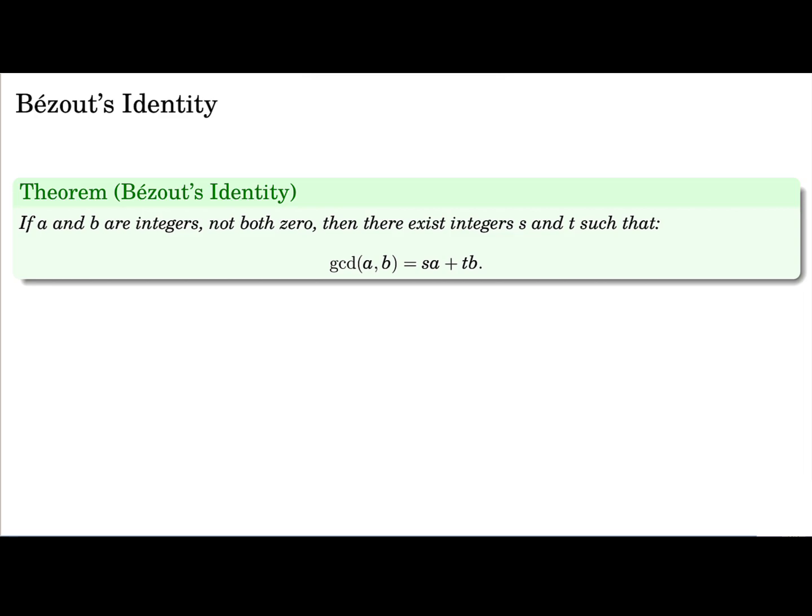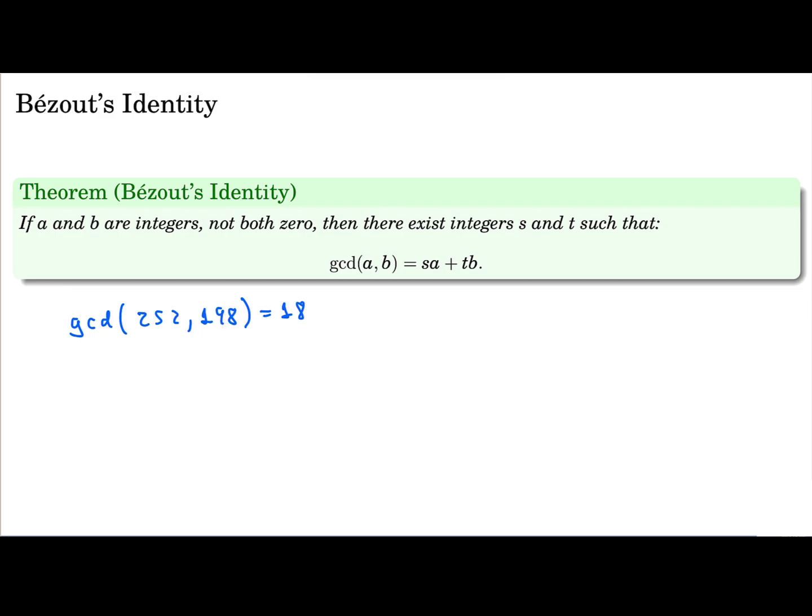For example, we saw in the GCD video that the GCD of 252 and 198 is equal to 18. And so this is saying that you can write 18 as an integer combination, so only with integers. It's some integer times 252 plus some integer times 198.